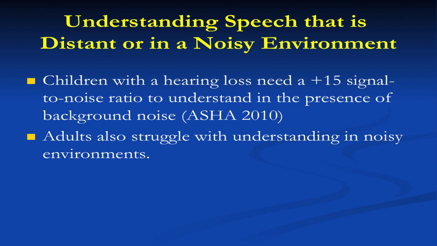Children with a hearing loss need a plus 15 signal to noise ratio to understand in the presence of background noise. This means most of our classrooms are too noisy, even with a child sitting on the front row, to be able to hear and understand their teacher through all teaching situations. Adults also will tell you that in meetings, this affects them greatly.